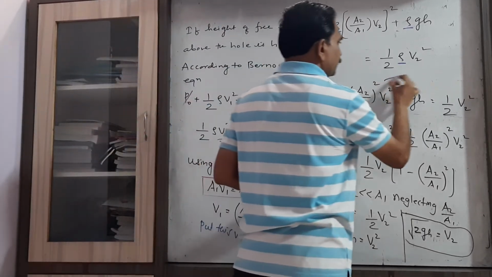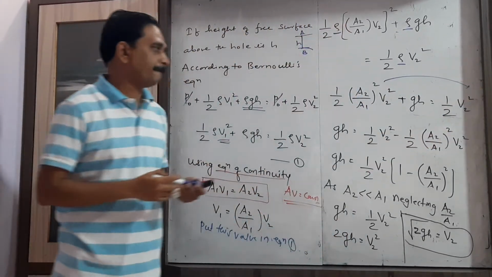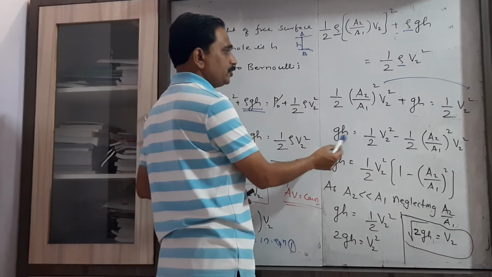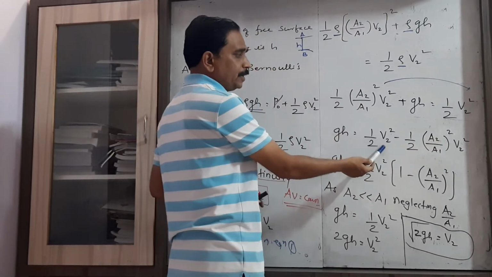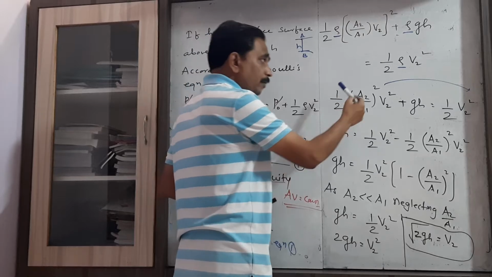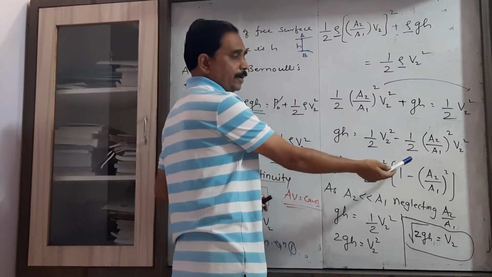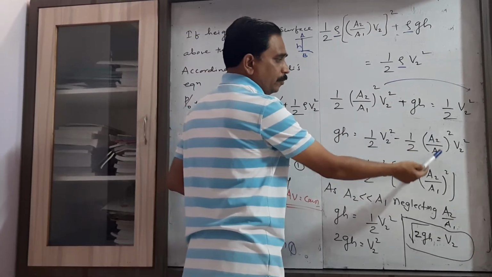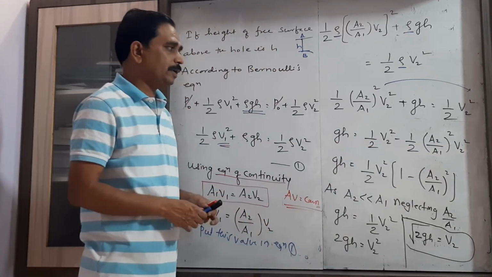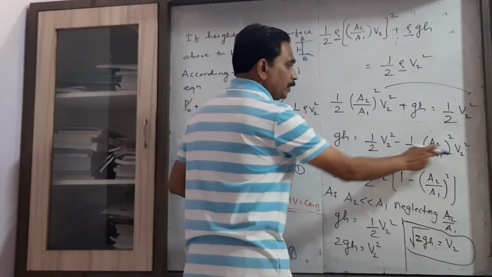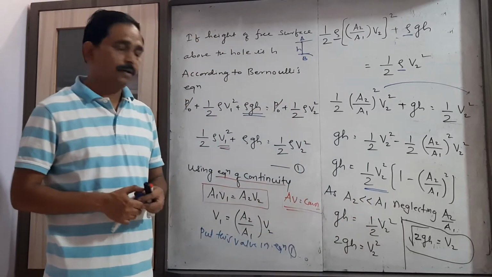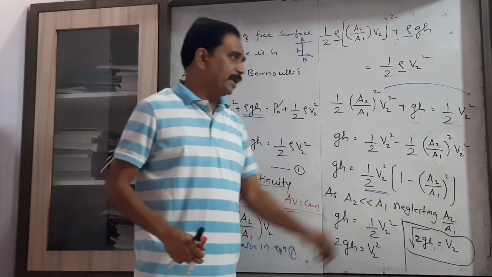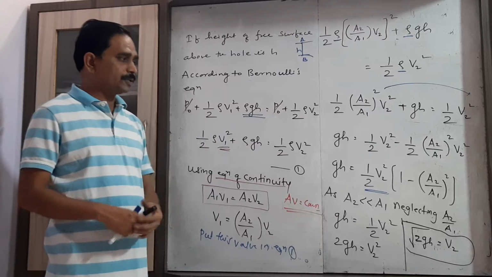Now if I transfer this term to the right side, GH equals half V2 square minus half A2 by A1 square into V2 square, since the transferred term becomes negative. Now again half V2 square is common, so we can write 1 minus A2 by A1 whole square.